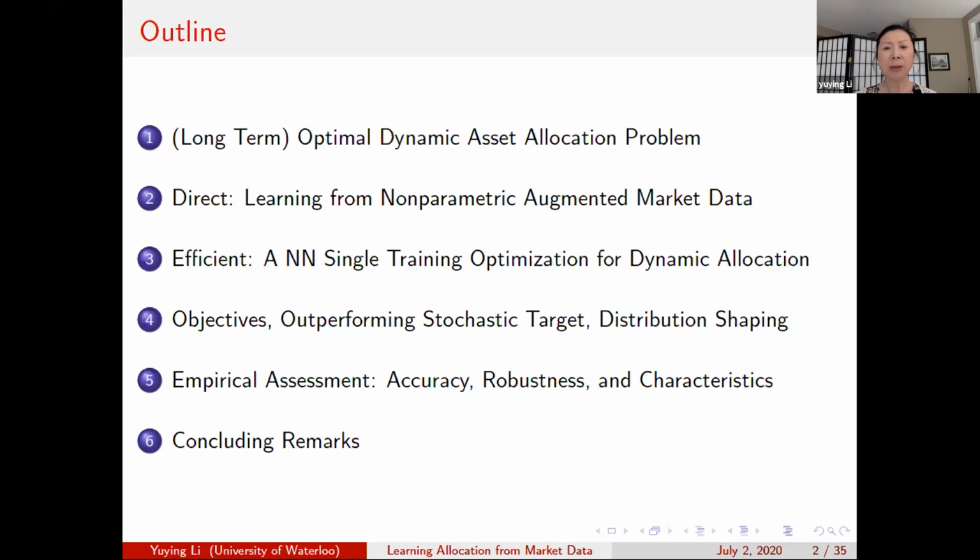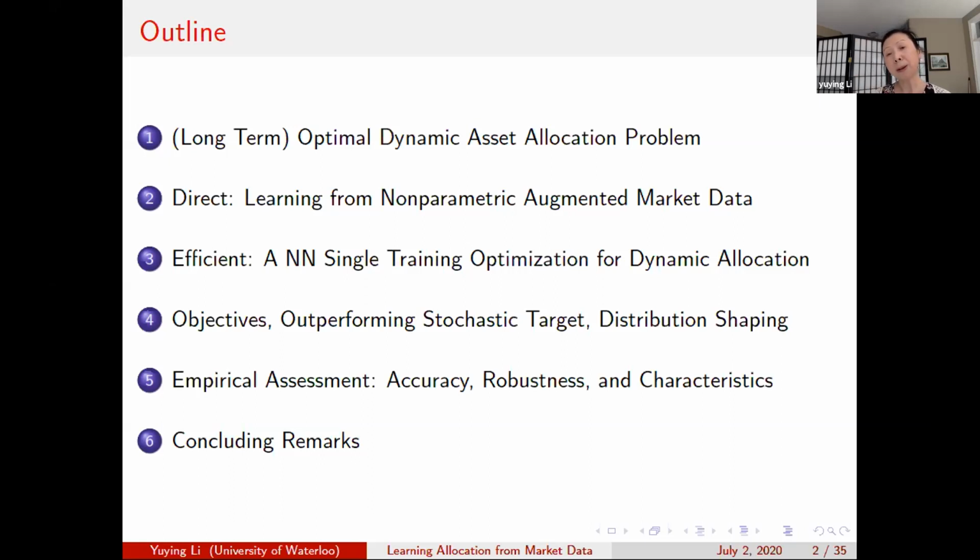I will talk about how specifically we do the learning, what data we will use to solve our learning problem, and how we use a nonparametric approach to augment the observations from the financial market.